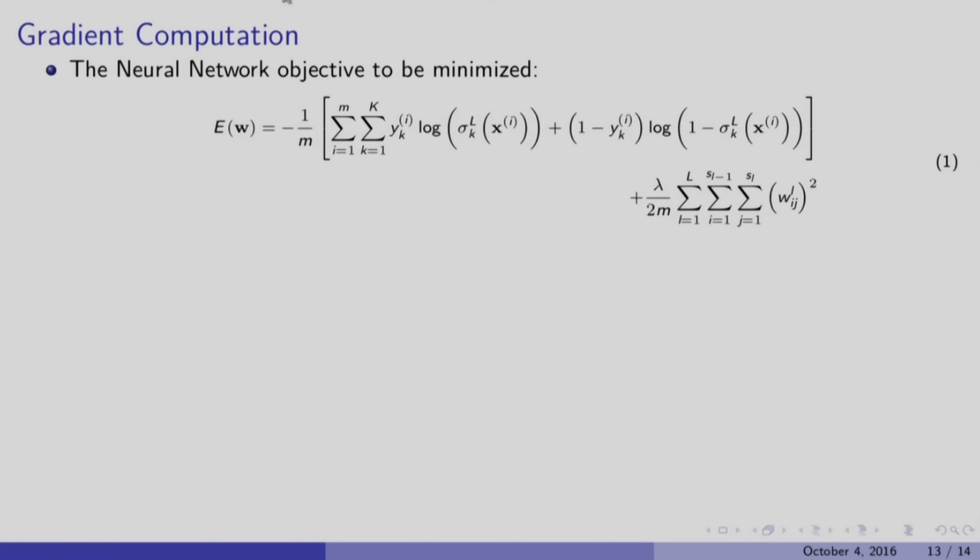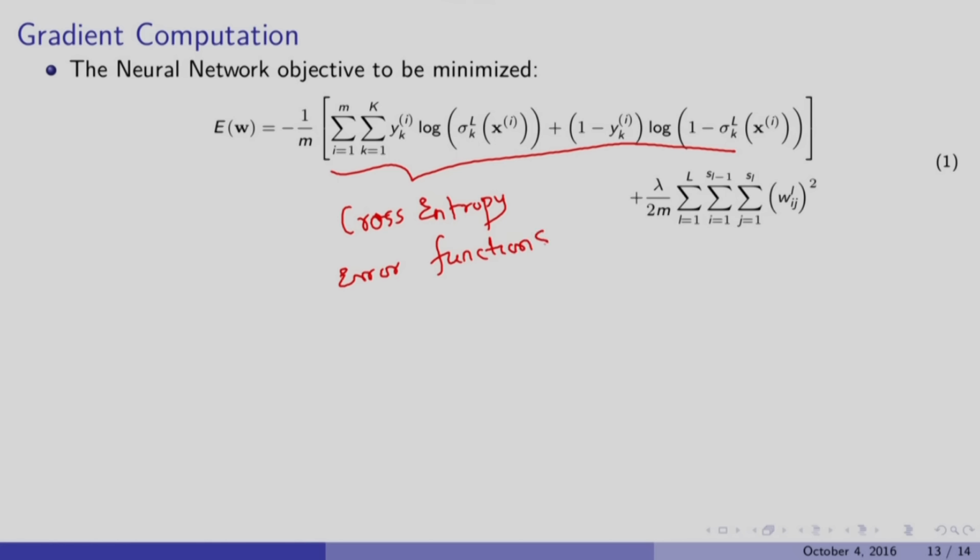So recall that there was the cross entropy error function which measured the discrepancy between the desired outputs y's and the predicted outputs sigmas.